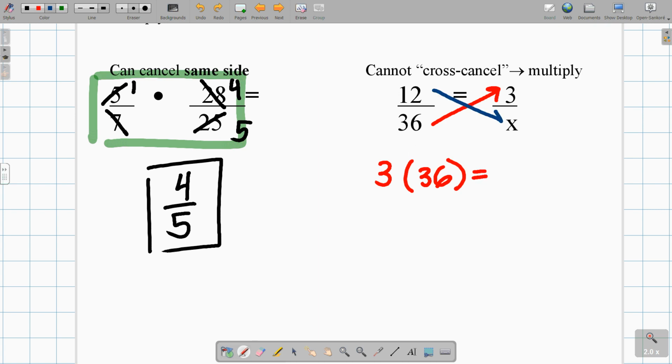You're right. Guess what? You don't actually have to multiply it. We're going to factor it. So don't actually multiply. Just leave it there. Let's factor this out. Divide by 12. And you should have gotten 12 goes in there 3 times, and 3 times 3, you should have gotten 9.